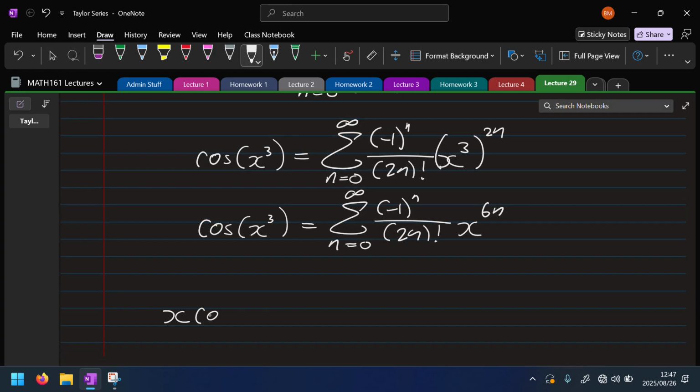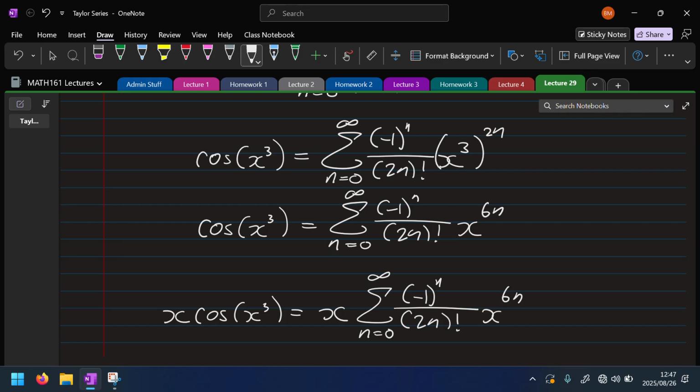We'll get x cos x cubed is equal to x times the sum, n goes from 0 to infinity, minus 1 to the n, over 2n factorial, x to the 6n. This x has nothing to do with the sum, so we can take it inside, and it will multiply onto the x to the 6n, so we'll get x to the 6n plus 1.